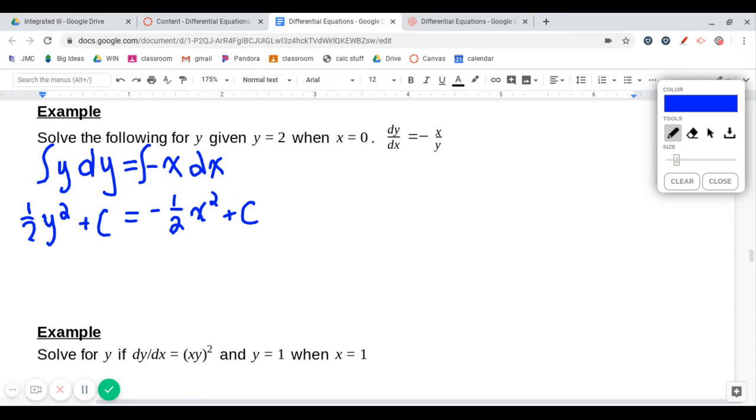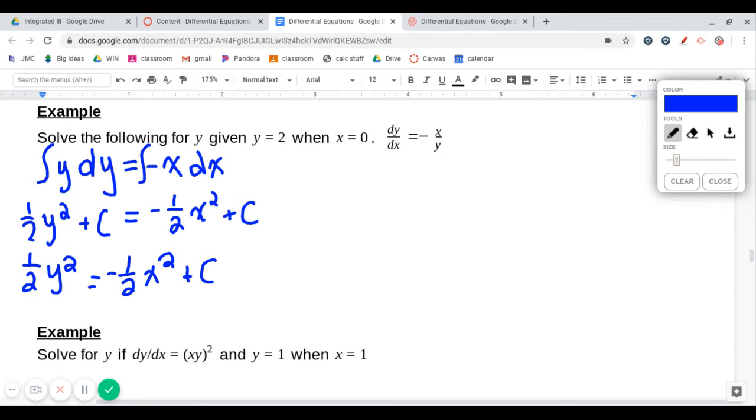So for this kind of equation, for separation of variables, we can actually just combine this as one c, because a constant plus a constant is a constant, minus a constant is a constant. So we can write this as 1/2 y squared equals negative 1/2 x squared plus c. So we can just combine these two c's.